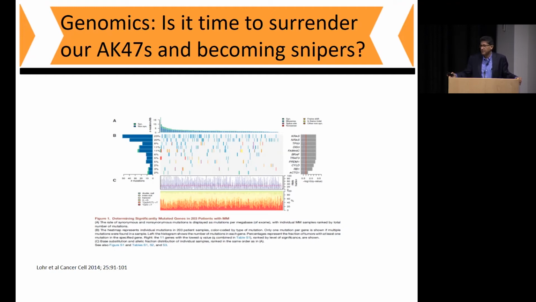For example, in lung cancer, in certain leukemias, if you have certain mutations, you are able to tailor therapy, and you know that patients who get tailored therapy do better than those who get just a random pick. Okay, you've not had a CAR T, let's give you a CAR T. If you've not had a BiTE, let's give you a BiTE. So the issue in multiple myeloma is that we are at the moment not there yet.